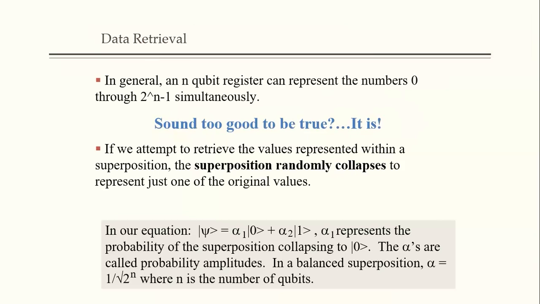As I already told, in our equation, |psi> = alpha 1 |0> + alpha 2 |1>. Actually, normally we will say bracket. This is separated into bra and ket. Bra is the less than symbol, which is analogous to the complex conjugate transpose of the ket.